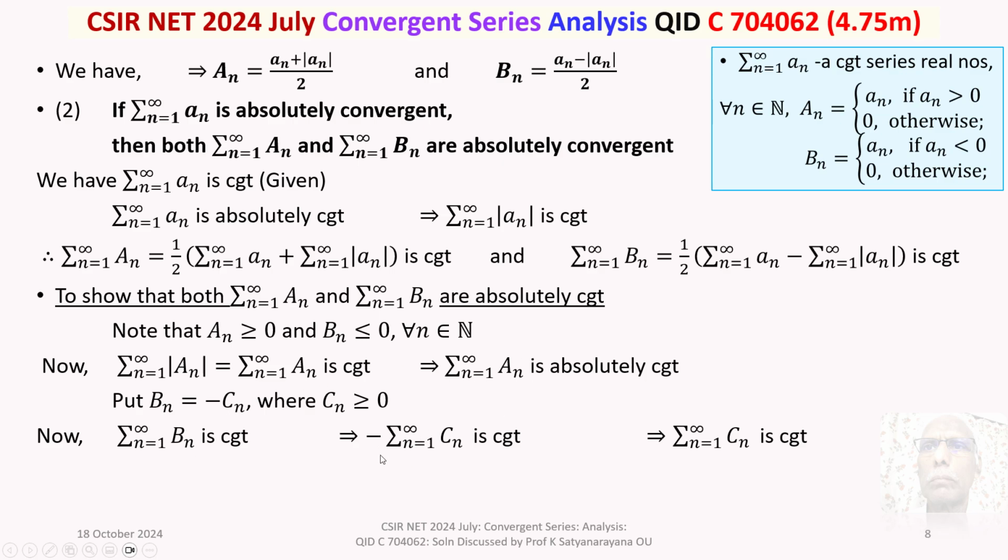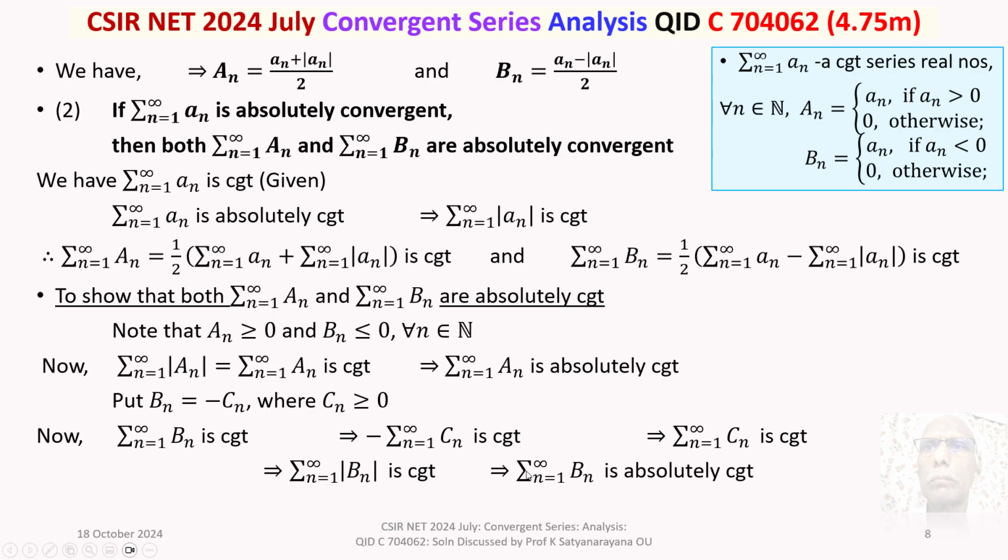That minus comes out: minus sigma n equal to 1 to infinity Cn is convergent, and that will imply sigma n equal to 1 to infinity Cn is convergent. But what is Cn? Cn means mod Bn. Sigma n equal to 1 to infinity mod Bn is convergent.